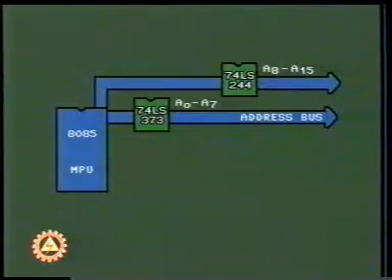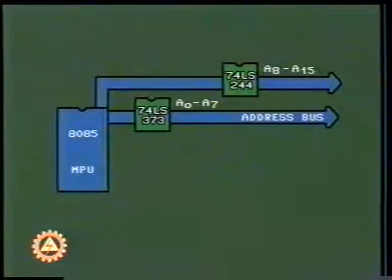We can also use 8212 chip in place of 74LS373, but it is costly and not available easily.